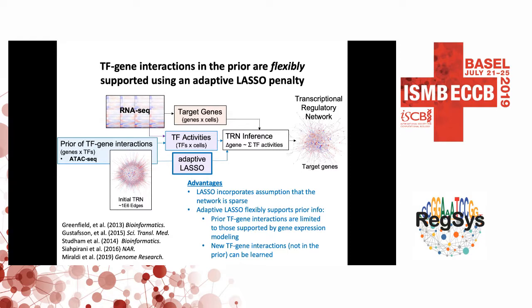Transcription factor gene interactions with prior support are more likely to enter the network, but if they are not supported by the gene expression model, then that prior network gets pruned. Importantly, you can also learn new transcription factor gene interactions that were not in the initial prior, which is a good thing if you're working in new cell types.